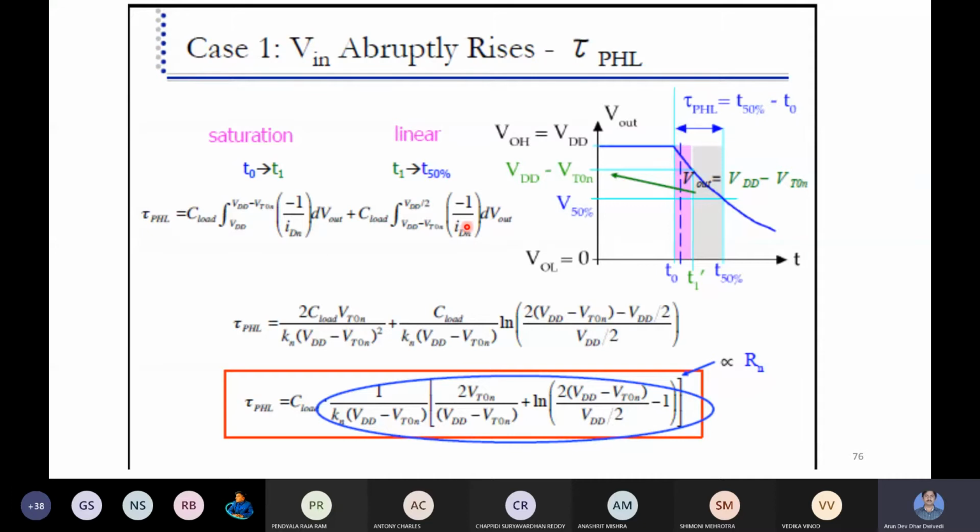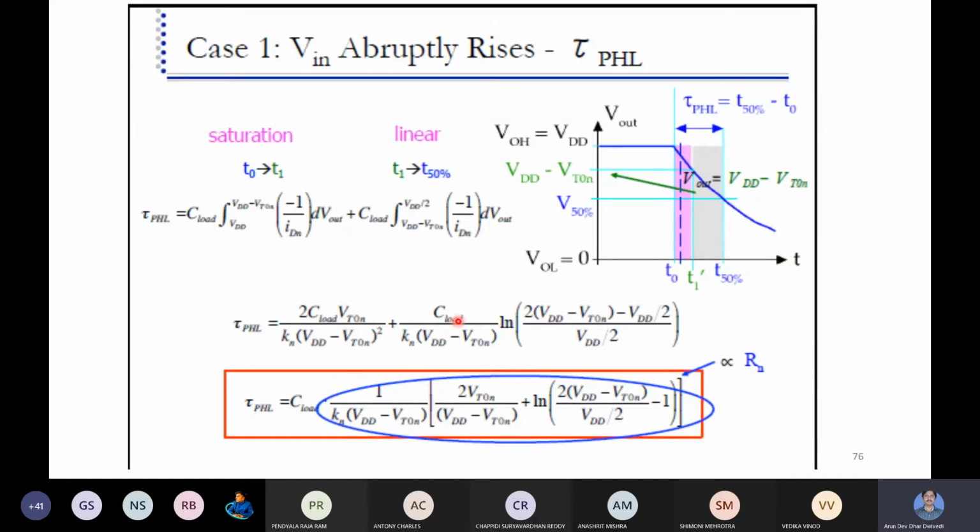Again here IDN will be the linear region current equation, as we know from the transistor model, and in the first part IDN is replaced by the saturation region current equation. Then integrating, we finally get the term 2C load VT01 by Kn VDD minus VT01 whole square.